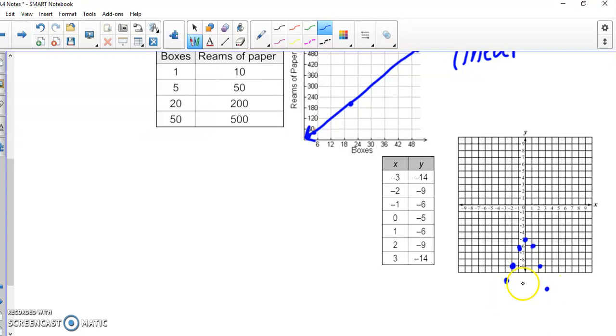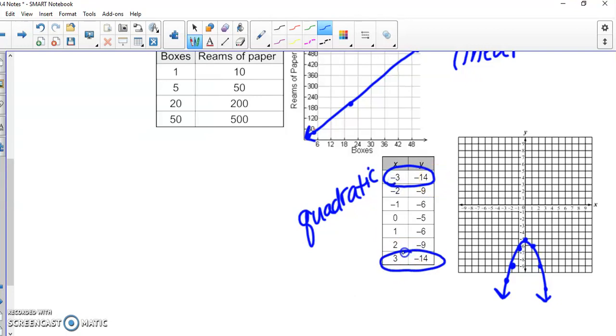So if we connect all those up, we should have a parabola there. Since it makes a parabola, that would be a quadratic function. The way we can tell also is that we have y values that start repeating. So my -3 and -14 is repeated with a 3 and a -14.